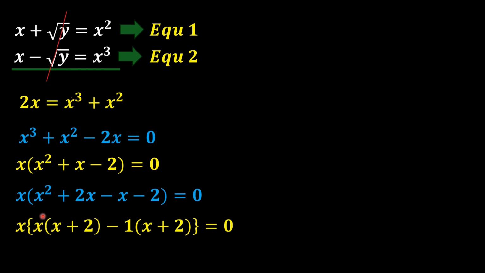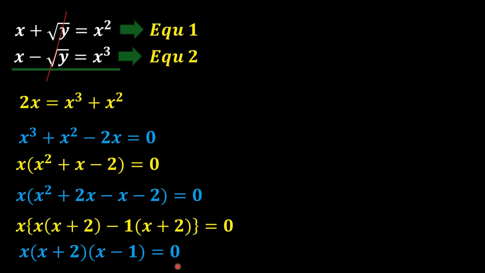Now in the next step, we should arrange the whole equation. How? Simply this x will remain the same. When we take common x plus 2 from the entire expression, we should get x plus 2 as a common value. As a result, x minus 1 will be the remaining value, which will be equal to 0.